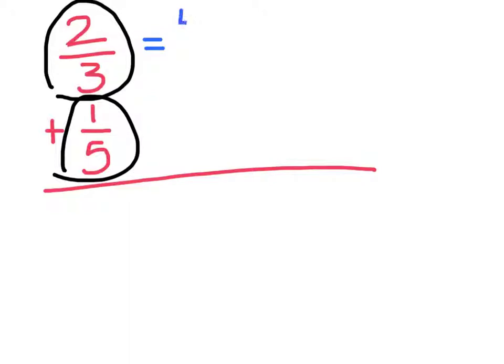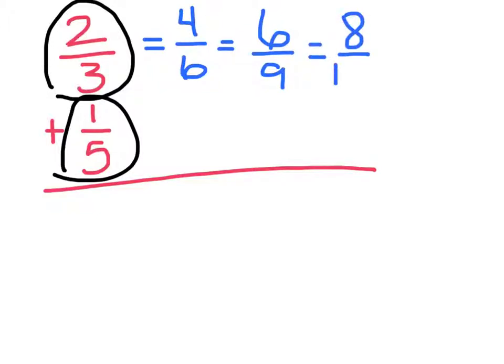So we've got 4/6. Then the third multiple would be 6/9. We would have 8/12. We would also have 10/15.